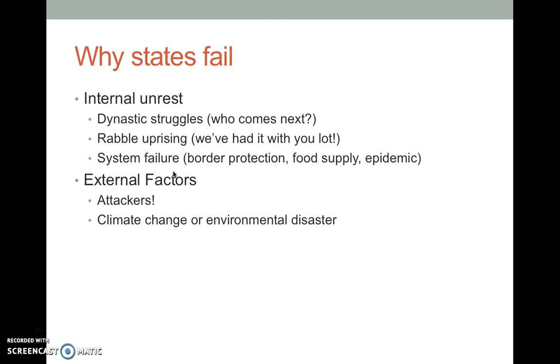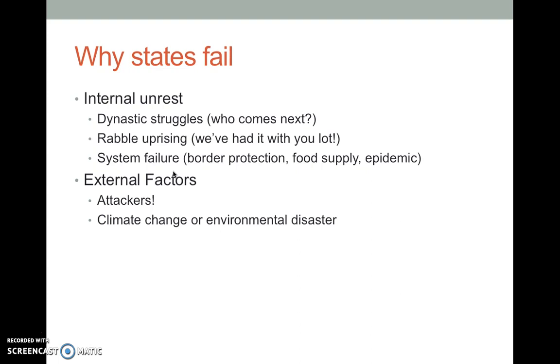Finally, we can also look at why states fail. And there are several reasons why states fail. These are just some of them. We've seen different examples of internal unrest bringing up problems, whether it's dynastic struggles, fights over who succeeds the king or the caliph or the khan, or the commoners rising up, the rabble, who usually have very little voice until they unite and successfully take down the government.